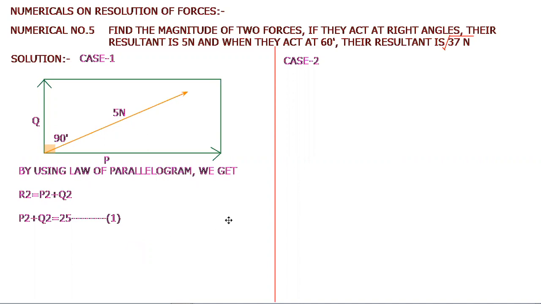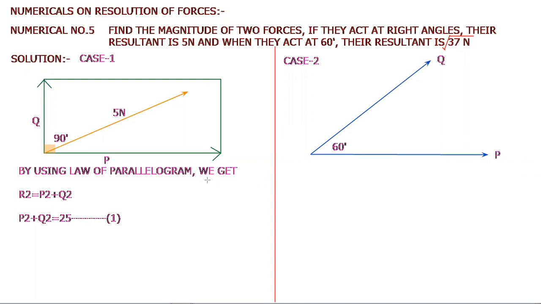Now, for considering the second case in which your two forces are acting at 60 degree to each other, right? So this is P, this is Q, and they are making angle of 60 degree with each other.